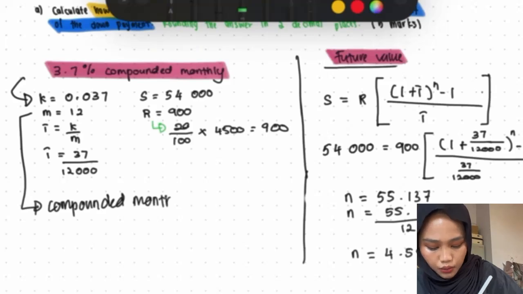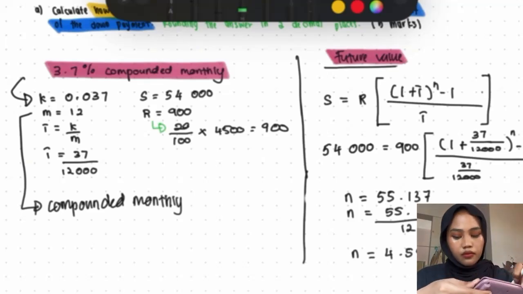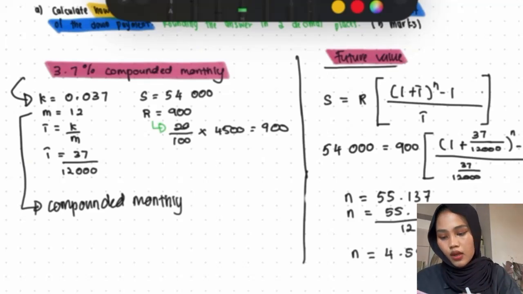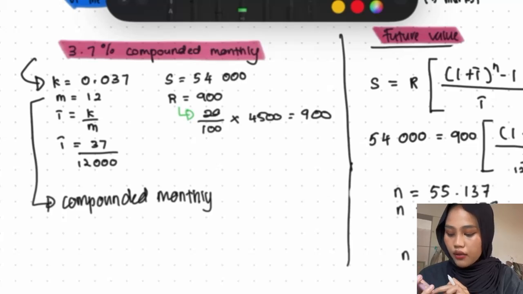So i is k over m, where k is 0.037 over m, which is 12.